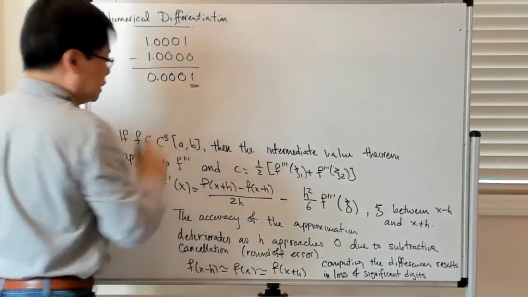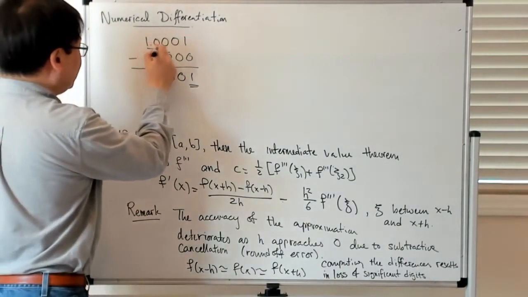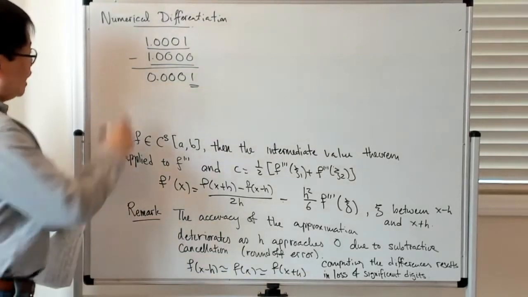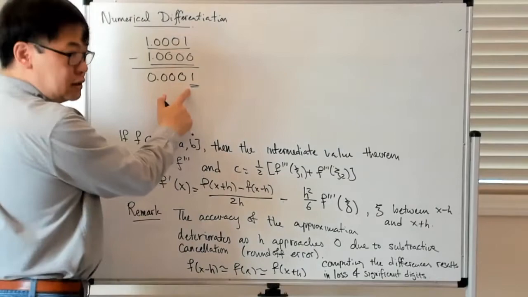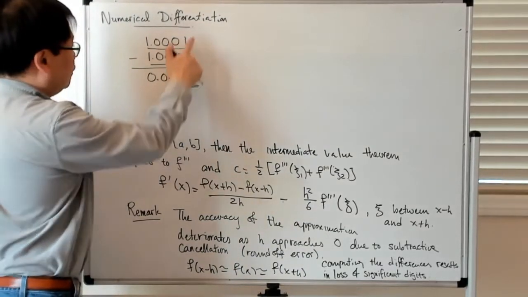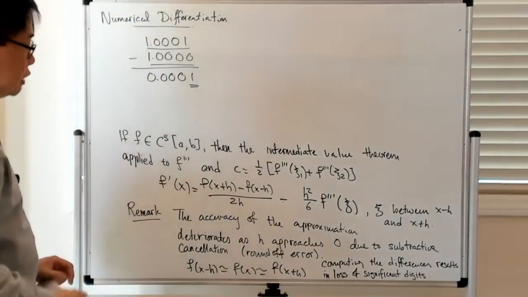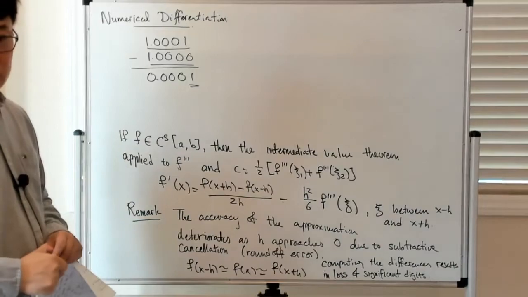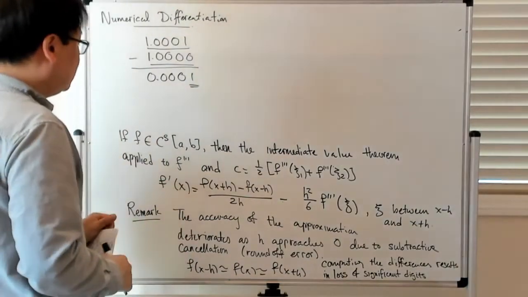So this is the only significant digit left after doing this difference. Initially I started with 5 significant digits in each of the two expressions; after taking the difference of these two numbers, which are very close together, this is the only significant digit which is left. 5 and 5 goes to 1 here. This is the kind of round-off or cancellation error we're alluding to in this situation.